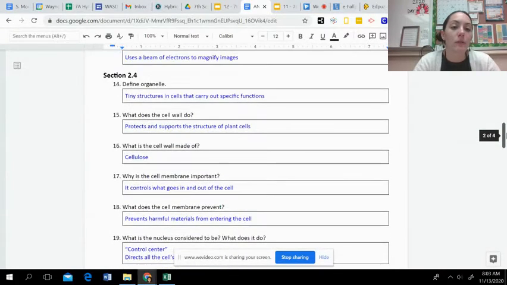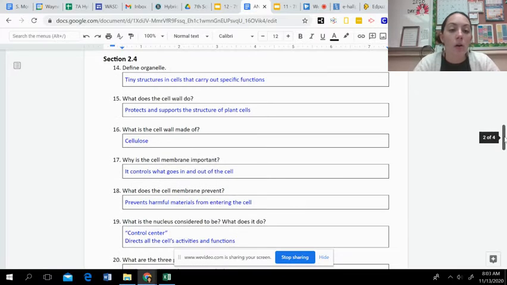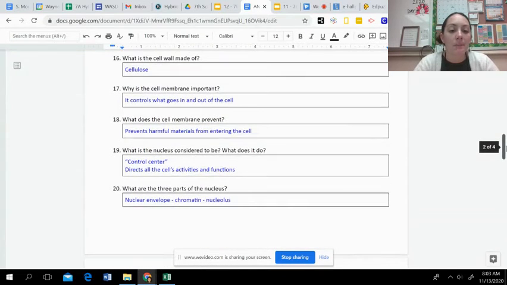Then section 2.4 gets into our specific organelles and those structures. So section 2.4, defining an organelle, remembering those are even smaller structures within the cell that perform specific functions to help the cell function. Okay, then you go through the cell wall, what it's made up of, the cell membrane.